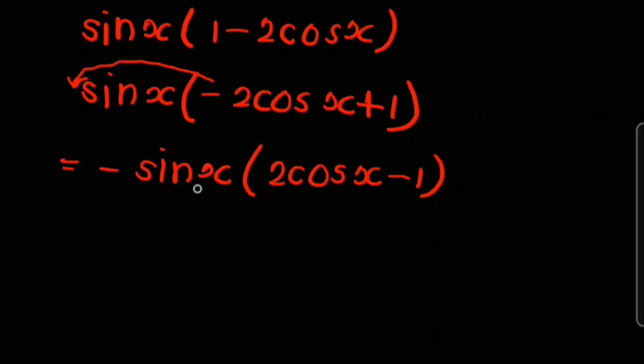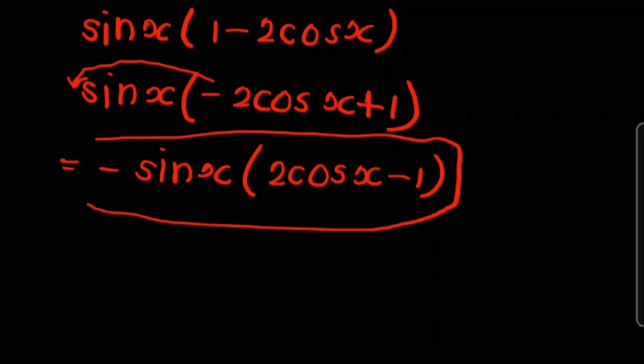We now have negative sine x. So remember, the negative here is gone, right? This is positive 2 cos x. And obviously, when you're taking out a negative, this positive 1 needs to become negative 1. Because if you multiply back, negative times a negative will end up giving you a positive. So essentially this is what we need, right? So this is what I'm going to replace the numerator with.